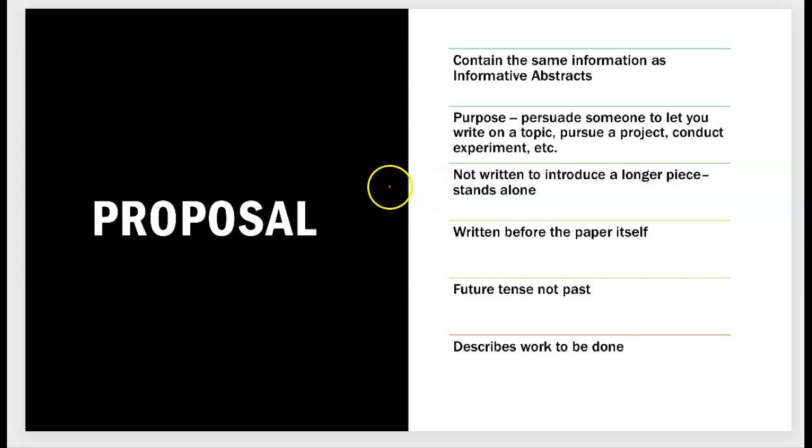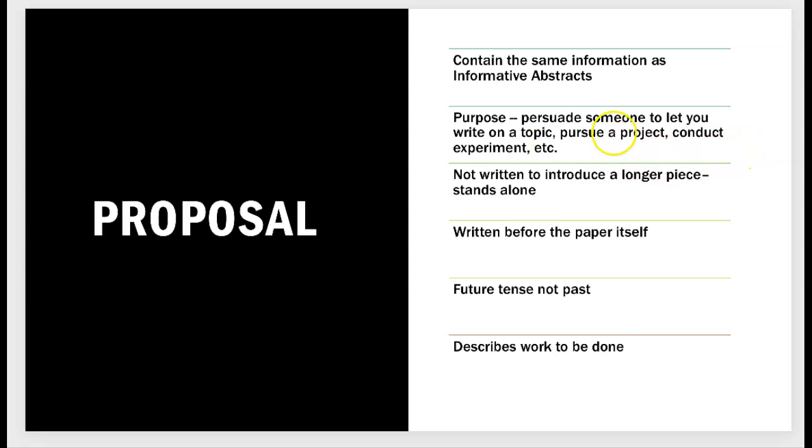It stands alone because instead of discussing what I did find out, or instead of discussing what conclusions I have reached, the purpose of a proposal is to persuade someone to let you write on a topic or pursue a project or conduct an experiment. You want approval to do something. So for a proposal abstract, and it's kind of like your topic proposal that you guys wrote for me, in some kind of way, because you have to justify what you intend to do.